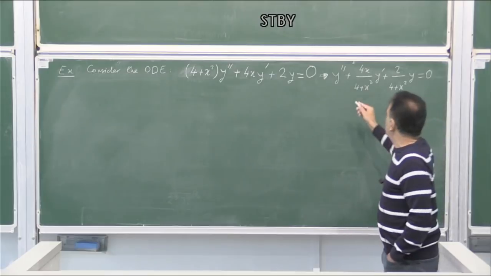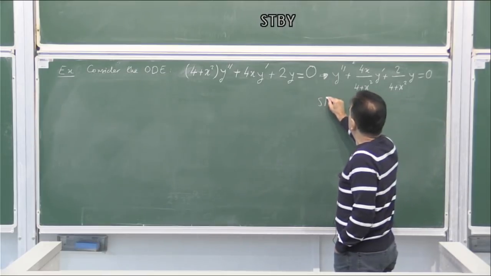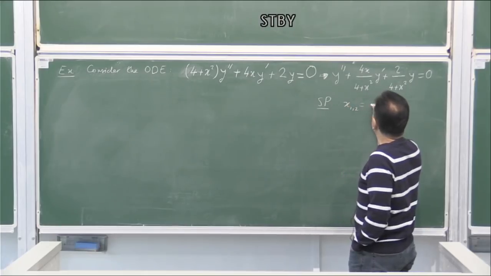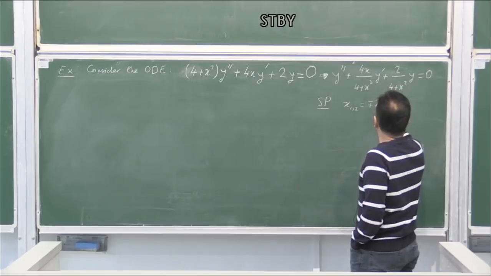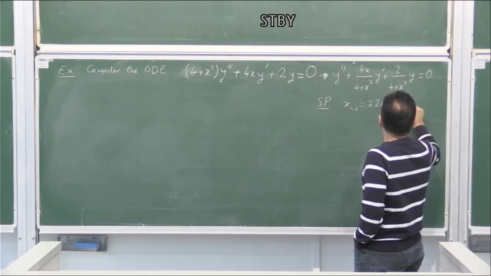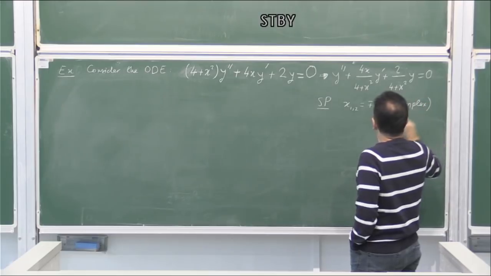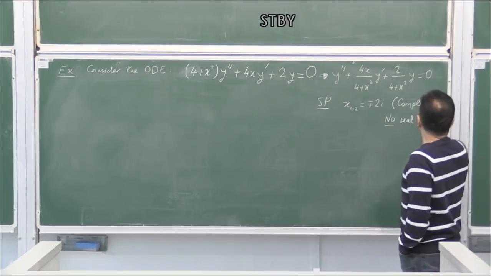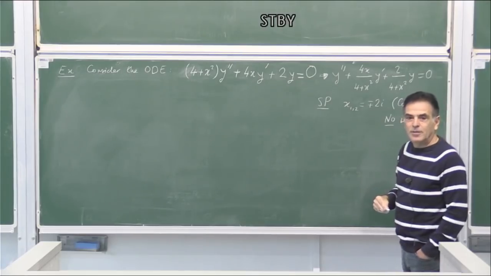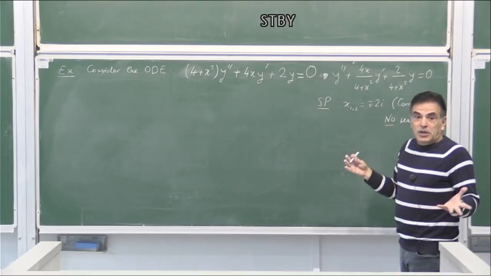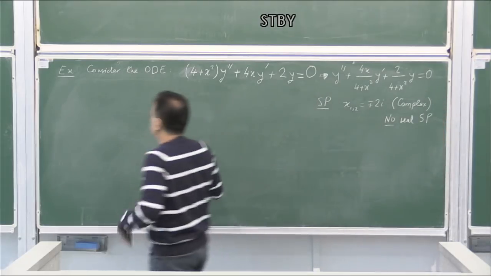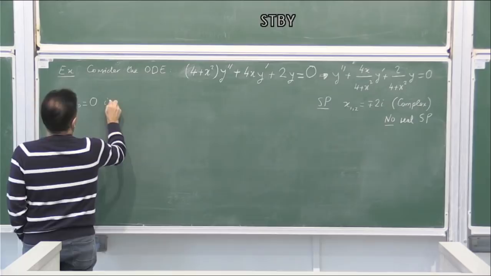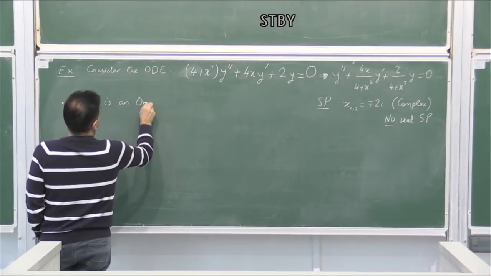So we have two singular points, plus or minus 2i, complex, and no real singular points. So x0 equal to 0 is an ordinary point.